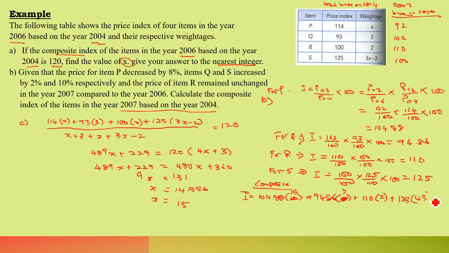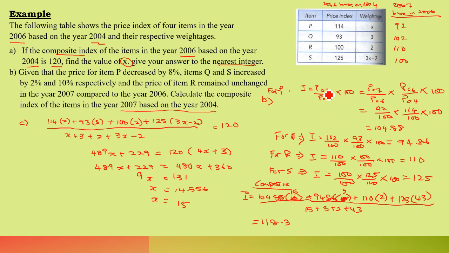Okay, so divide by the total. The total will be x 15 plus 3 plus 2 plus 43. So what you will get here is 118.3. So this is the composite index for 2007 based on 2004. So first you need to find the connection.